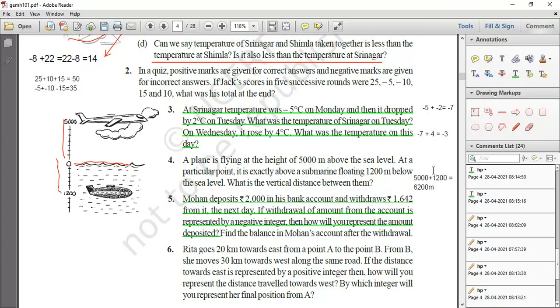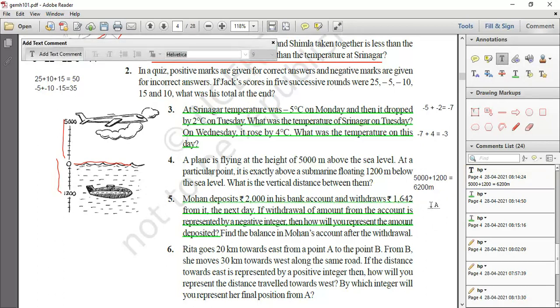If you represent them as negative integers, it would be like this: rupees 2,000 minus 1,642. So if you subtract them, you get the result. So you have to clearly write them down.